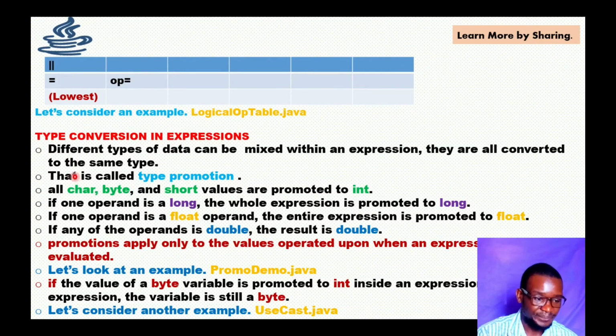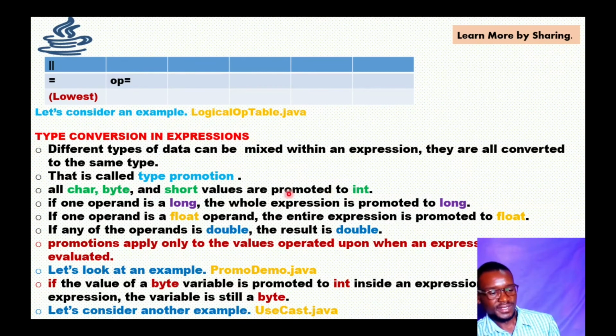So these are compatible types. We saw with direct conversion or even casting that a byte can be cast to a character, and a byte can be cast to an int. So a character, a byte, and a short can be promoted to an int. If one operand is a long, the whole expression is promoted to a long.